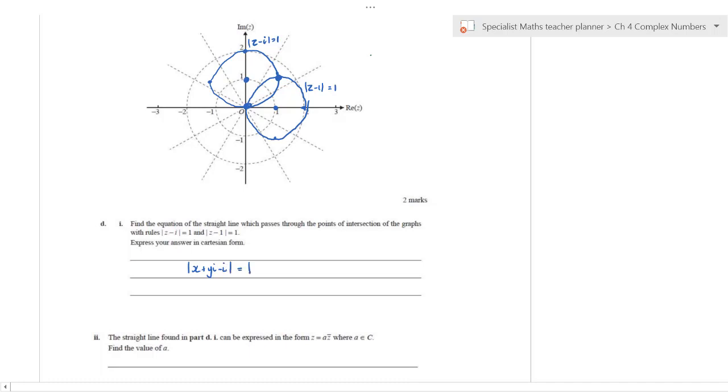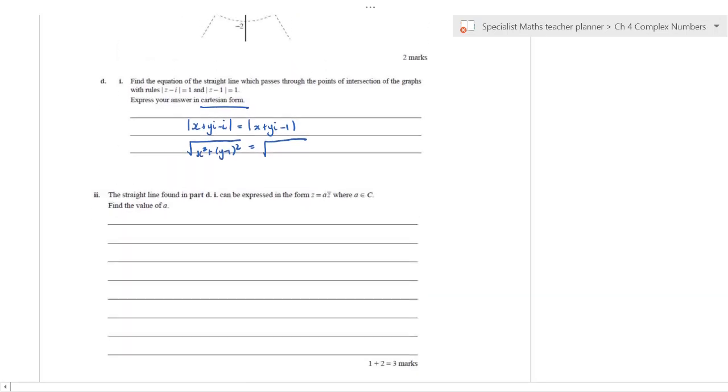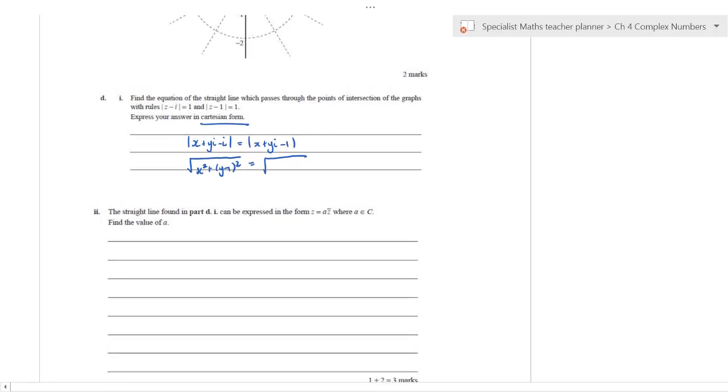And if I was to let those equal x plus yi minus 1, like so, then you probably do this without even a calculator, and that's probably worth 1 mark anyway. Now that's the magnitude, or the square root of x squared plus (y minus 1) all squared is equal to, if we're doing it algebraically, but it's just 1 mark, so you don't really need to do all this. If you express the answer straight away, but if you needed to work it out, that's also fine as well.